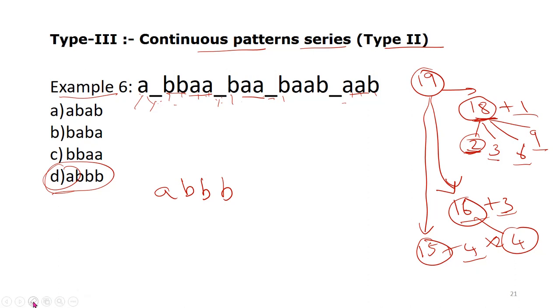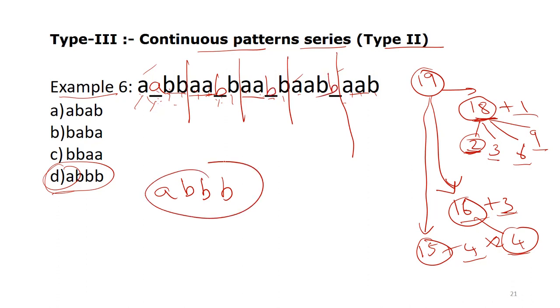When I take 4, 4, I'll keep the last 3 aside. So 1, 2, 3, 4, repeated 4 times. Obviously this is working. The second term should be A here, the third term should be B here, and the fourth term should be B. Again my answer is A triple B. That's it. So if 2, 2 is not working, go with 4, 4.